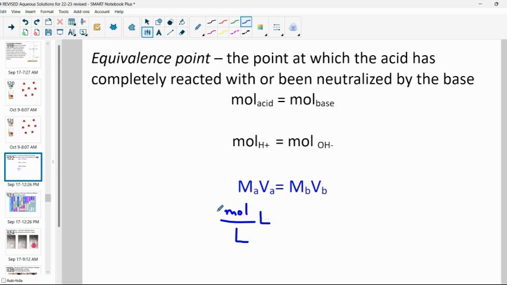When I multiply those together, I get my moles. So this is the molarity and volume of my acid, and the same thing for my base. This is a stoichiometry shortcut that we only use for acid-base neutralizations, and we'll see why in a little bit.